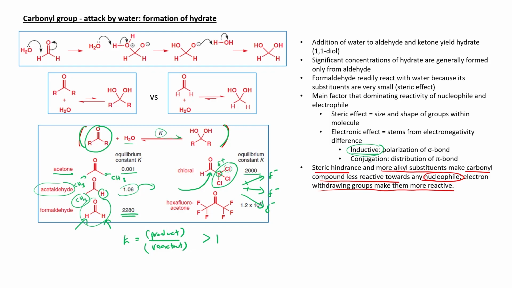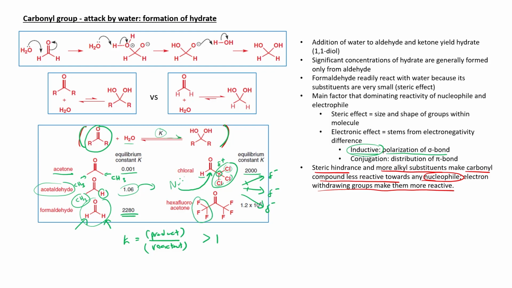Even though the Cl is bigger and bulky compared to the hydrogen, because the Cl also causes inductive polarization of the bond, it also gives way for the nucleophile to attack.